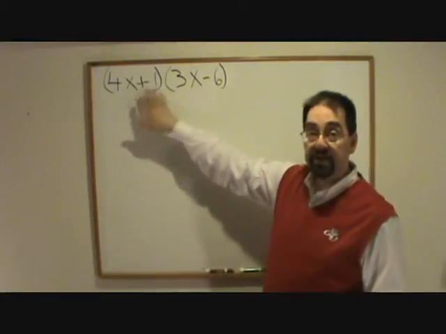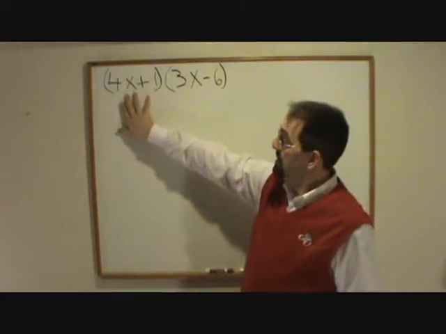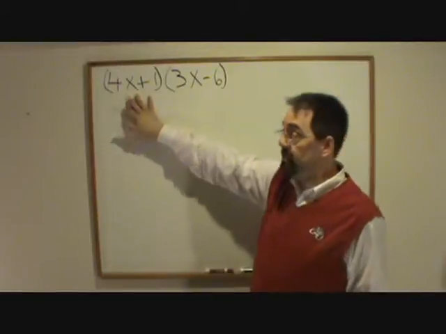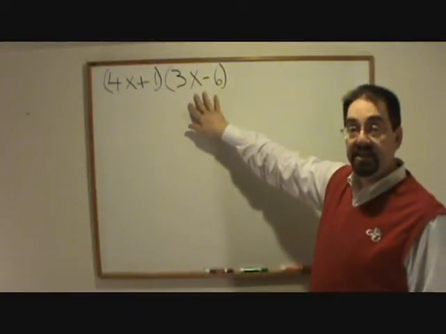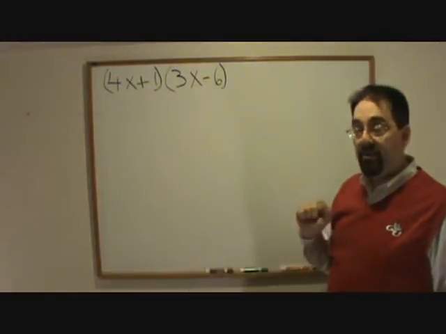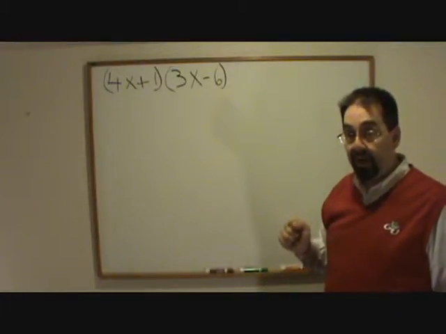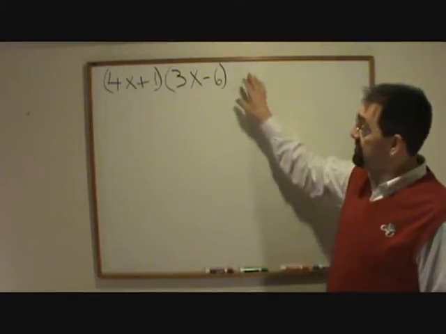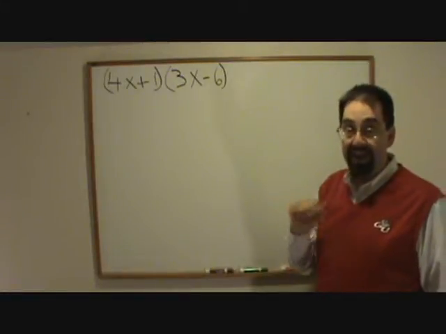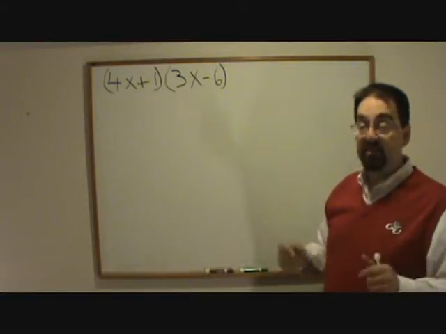In this particular case, we have a product. What's inside the parentheses here times what's in the parentheses here. Now, the important thing is to realize it's not set equal to anything. So that is your first clue that we're not solving anything. All we're doing is simplifying.